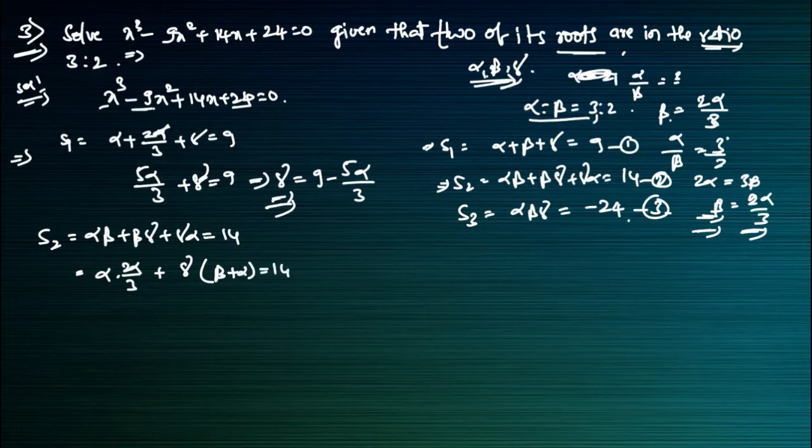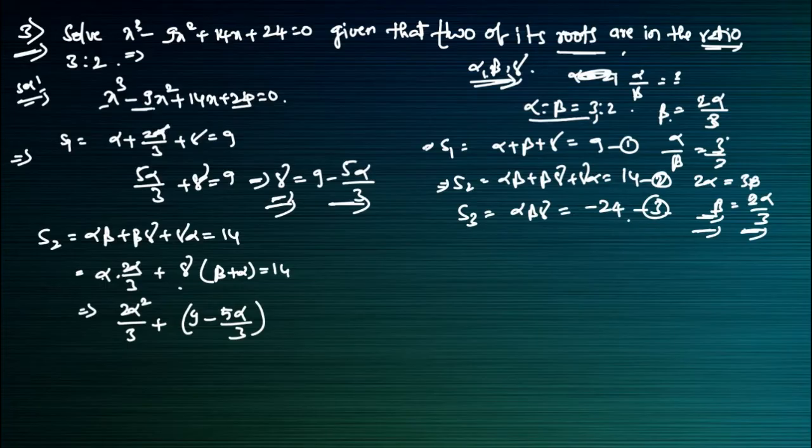So alpha into 2 alpha is 2 alpha square divided by 3, plus gamma, where gamma is 9 minus 5 alpha divided by 3, and alpha plus beta is equal to 2 alpha by 3.